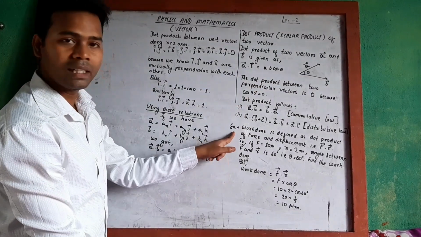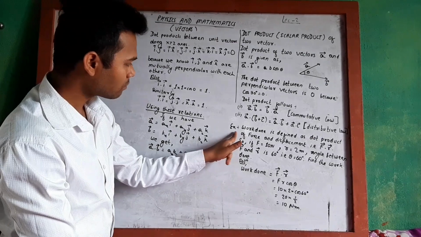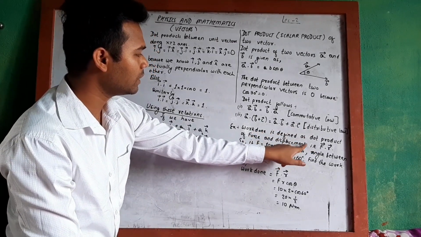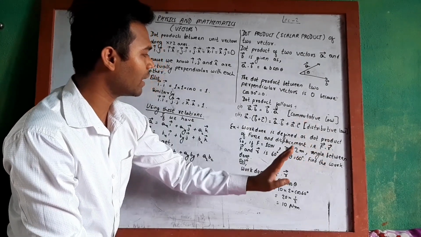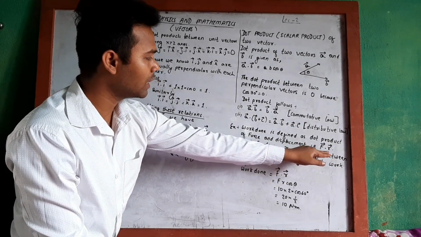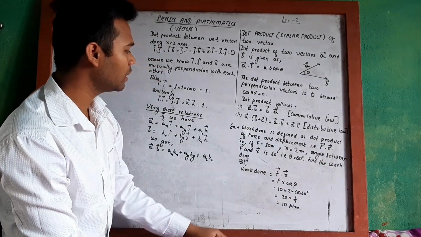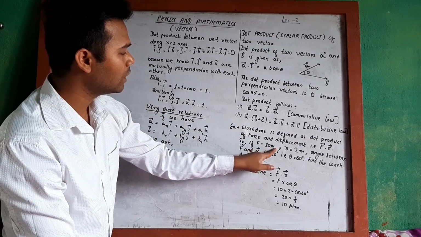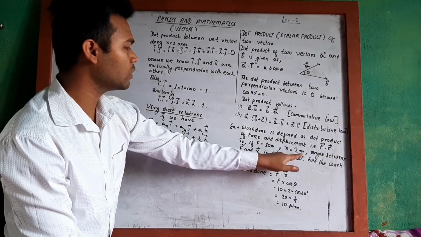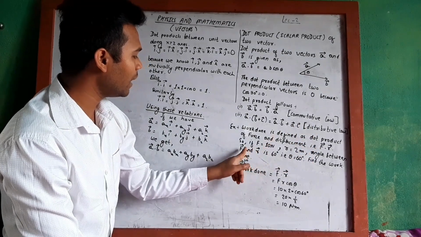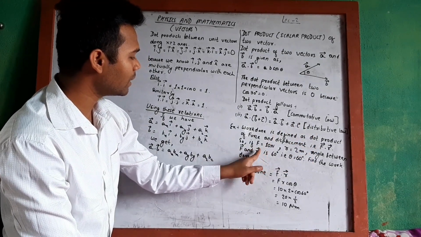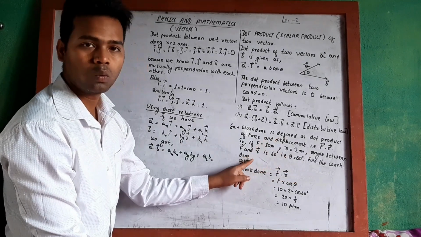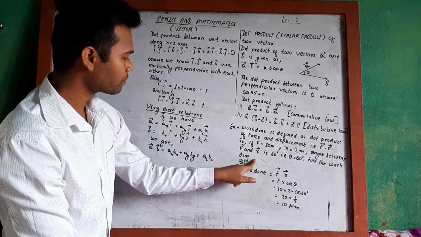Here one example is given. Work done is defined as the dot product of force and displacement, that is, F vector dot R vector. Here F vector denotes force and R vector denotes displacement. If the magnitude of the force, F, is equal to 10 newton, the magnitude of the displacement, R, is equal to 2 meter, and the angle between F vector and R vector is 60 degrees, that is, theta is equal to 60 degrees, find the work done by the force.